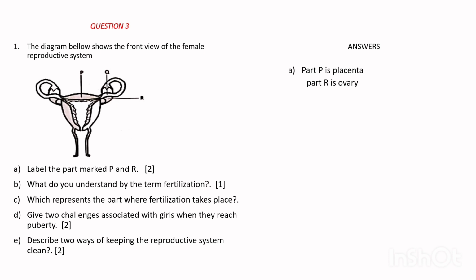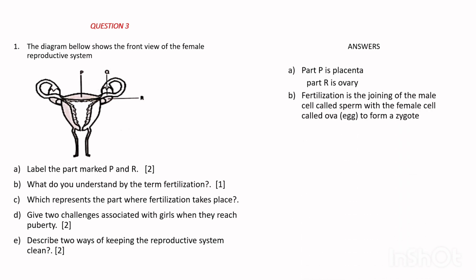Question B. What do you understand by the term fertilization? So fertilization is simply the joining of the male sex cell, which is the sperm, and the female sex cell, which is the egg, to form a zygote.